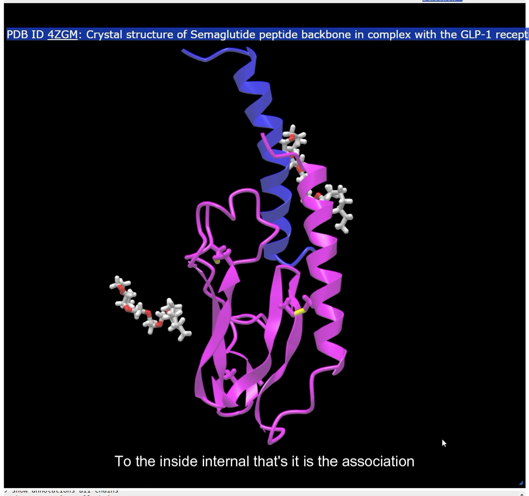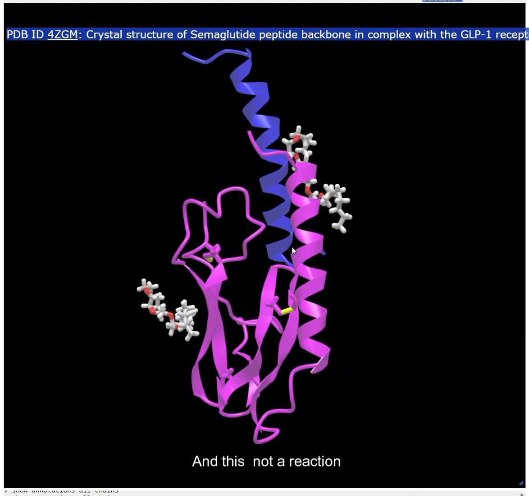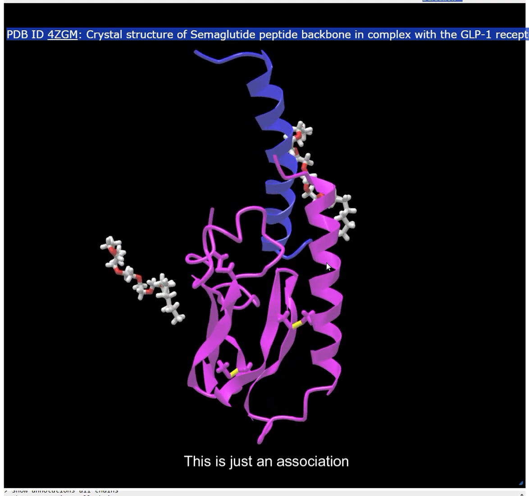It is the association that triggers the message being sent, like hitting return on your keyboard. Or, back to Linus Pauling and his Nobel Prize, the lock and key. Even though this isn't an enzyme, because he was talking about an enzyme reaction, and this is not a reaction. This is just an association.